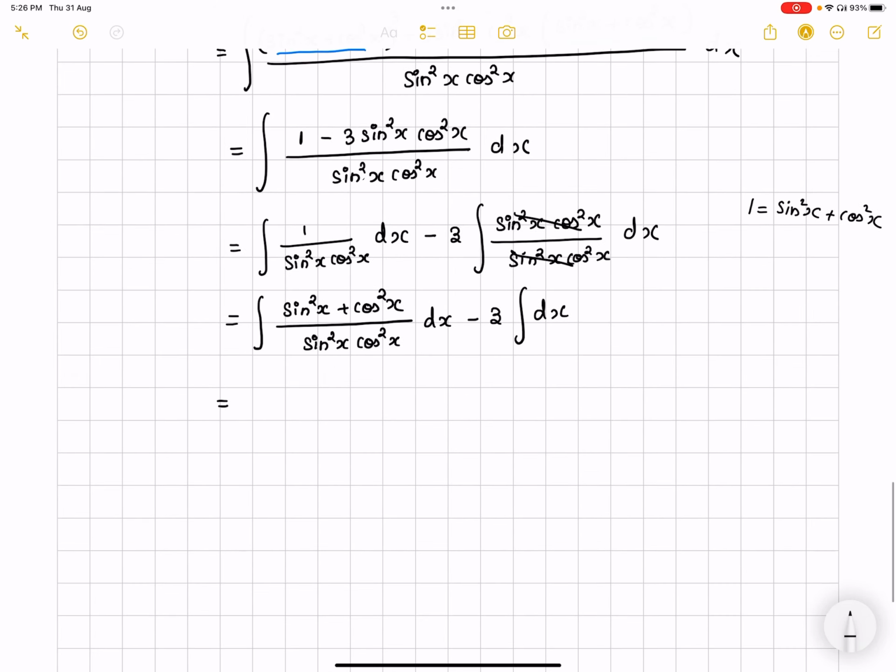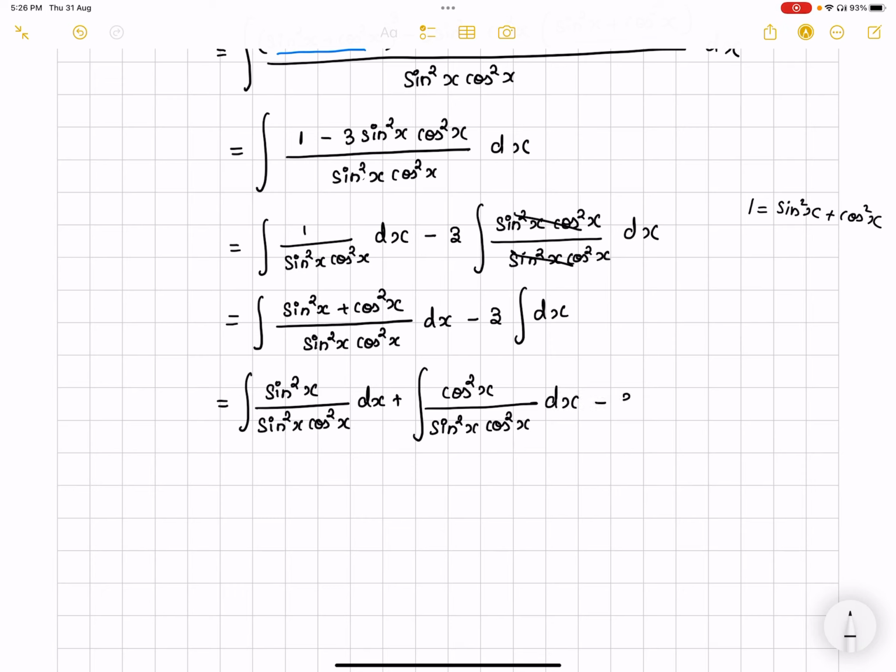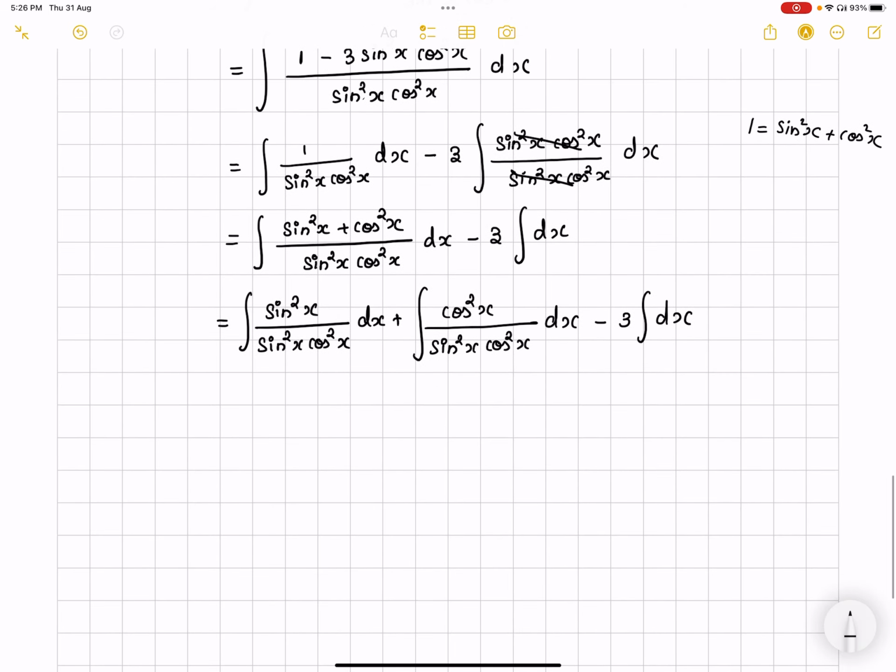Now here, let me split and write. It's gonna be sine square x divided by sine square x cos square x dx plus integral cos square x divided by sine square x cos square x dx minus 3 integral dx. Let's integrate together.